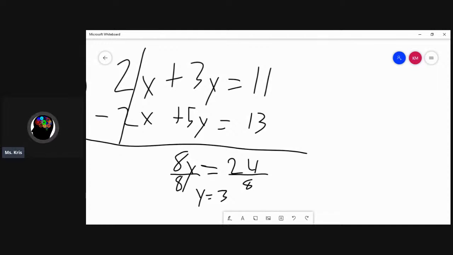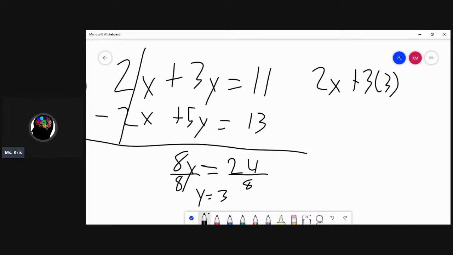So I'm going to take the first equation, because I prefer positive numbers, and 2x plus 3 times y. My y is 3, therefore I can substitute 3 for y. 3 times 3, and that equals 11.